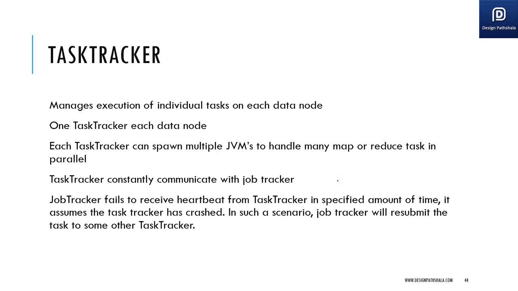And if the job tracker fails to receive the heartbeat signal from the task tracker in the specified amount of time, the job tracker assumes the task tracker is down, and it will resubmit those tasks to some other data node where it has heard a healthy heartbeat signal.